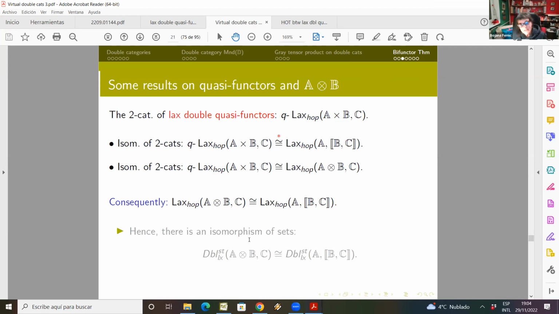So you can formally, maybe this doesn't make any sense, but you can formally write that there is this isomorphism of sets. So this is what one would write if you would have closedness. But as said, I recall this is not a bifunctor. I don't say that this is a monoidal product. Okay, this was just an exercise.